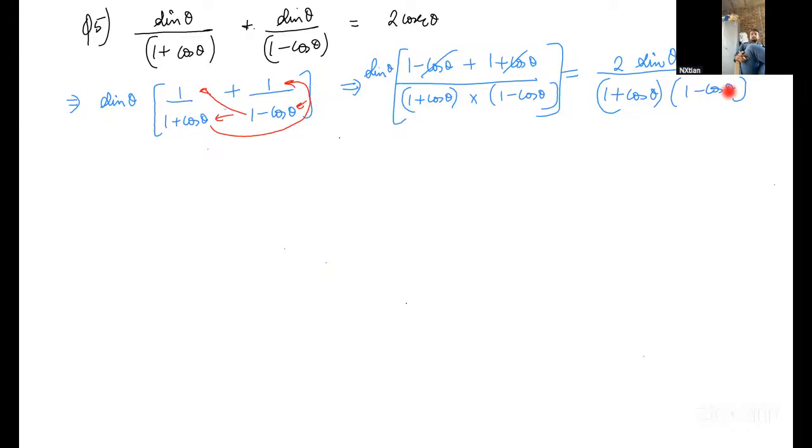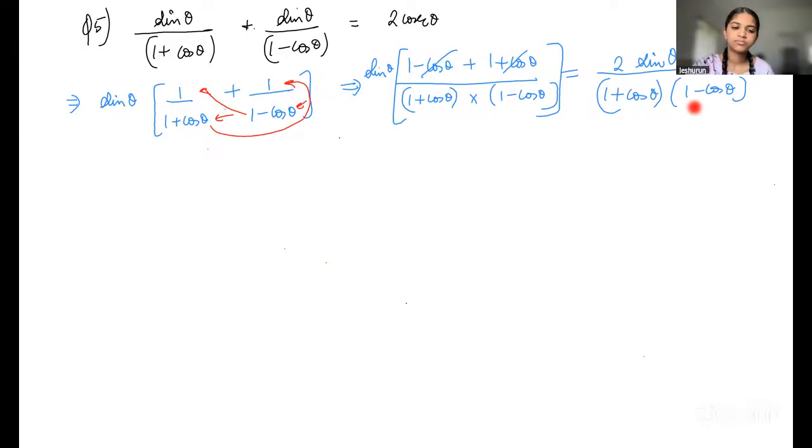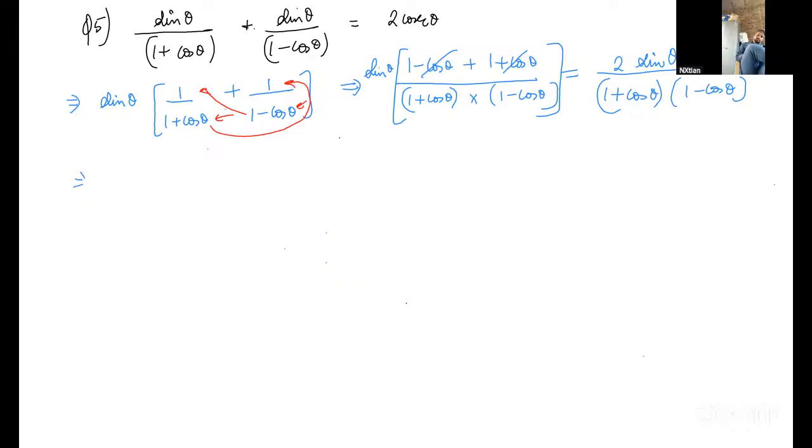What is the answer of that? a square minus b square. Which will become 1 minus cos square theta. Yes. The 2 sine theta was already there in the numerator, and 1 minus cos square theta it will become.